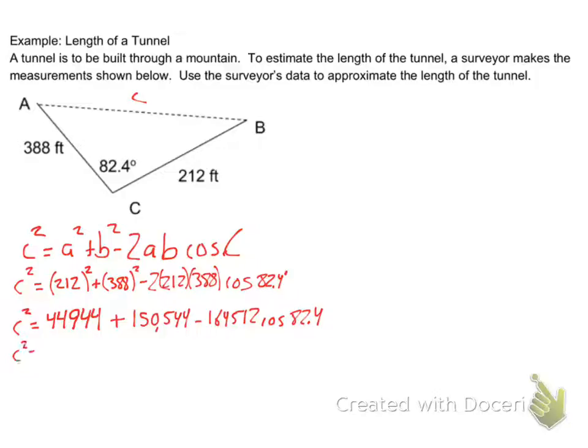So c squared is equal to, what's 144 plus the 150? The first two numbers. 190,488 minus 164,512 times cosine 82.4. Make sure you are in degrees. How big of a number is that?